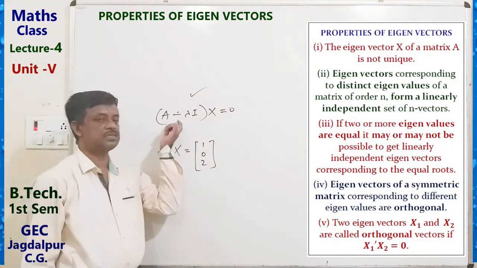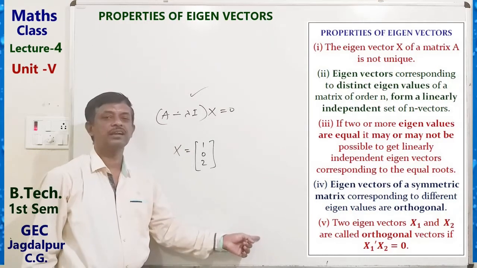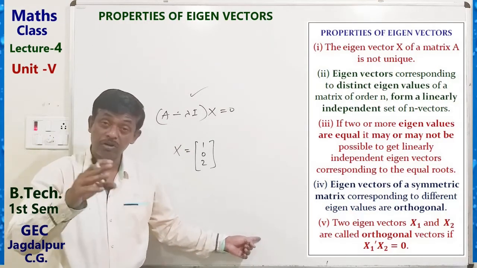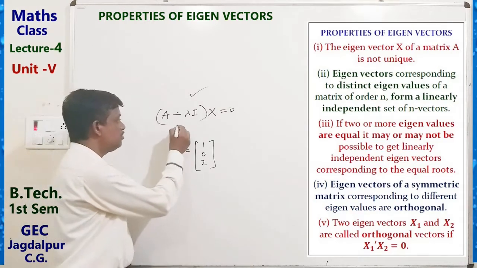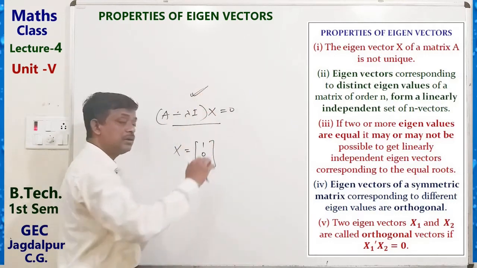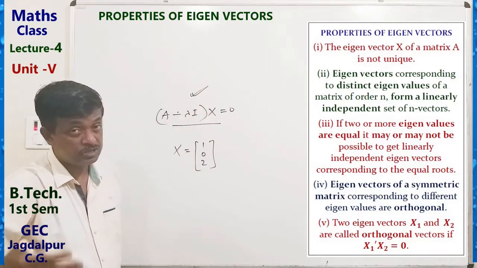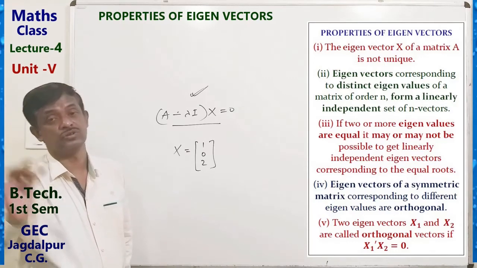A homogeneous system gives infinitely many non-zero solutions for a non-trivial solution.